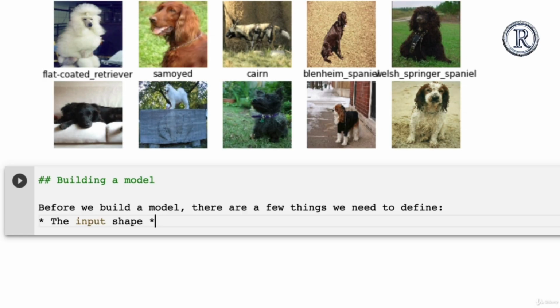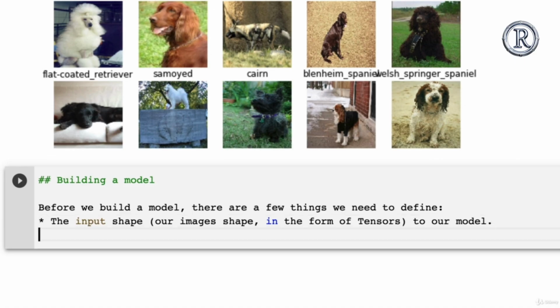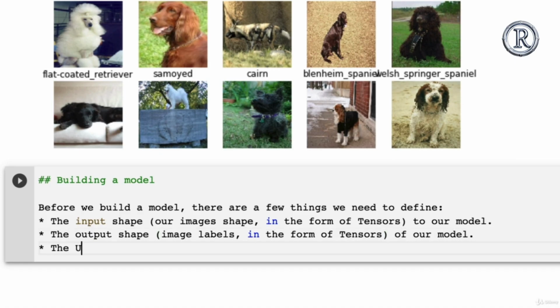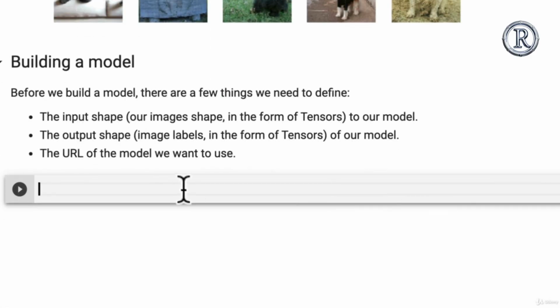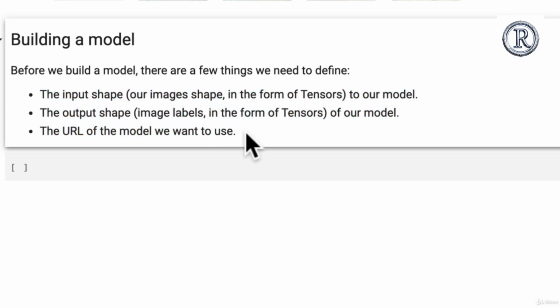One is the input shape, our image's shape in the form of tensors to our model, and the output shape, image labels in the form of tensors of our model, the URL of the model we want to use. And we'll turn this into Markdown. Wonderful. These three things, maybe not the URL.